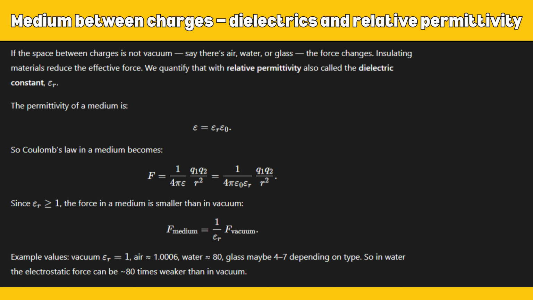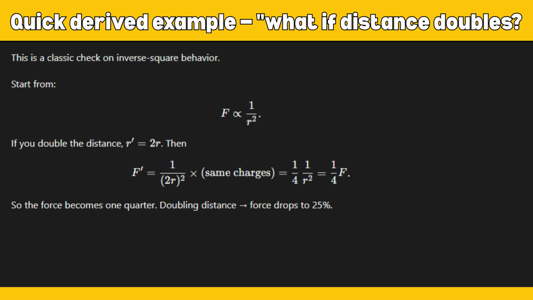Since epsilon r is always greater than 1, the force in a medium is always smaller than the force in free space. Because force is proportional to 1 over R squared, if you double the distance, the force becomes 1/4 of its original value. So, doubling the distance makes the force 4 times weaker.